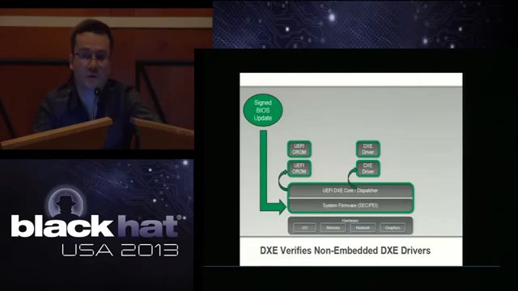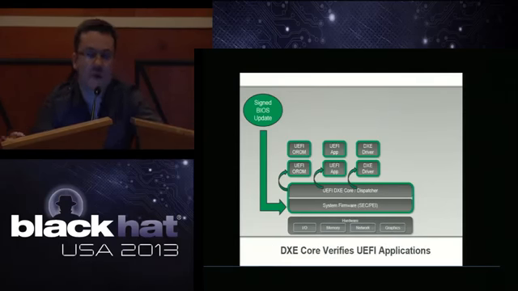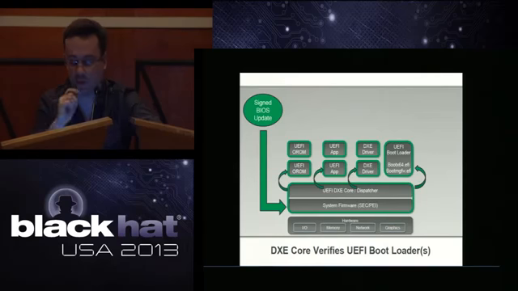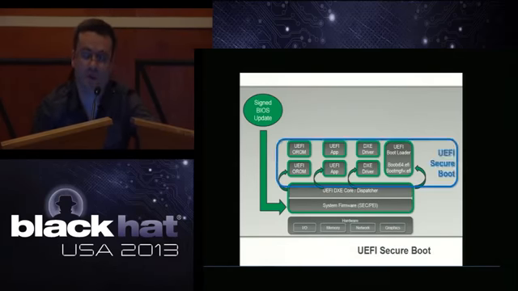For the DXE drivers loaded from non-embedded media like removable or fixed drives, the signatures and hashes are checked. Any application like the UEFI shell has its signature checked, and more importantly, the OS and bootloaders are also verified before they're loaded and executed. And this is what UEFI Secure Boot is, right?